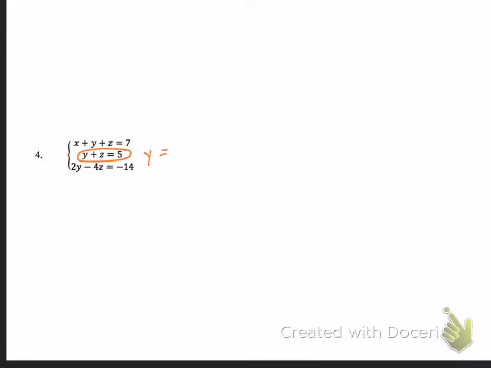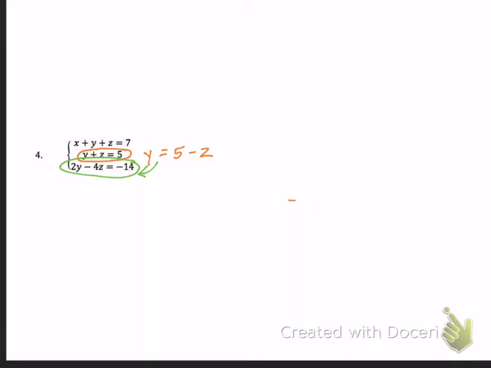So y equals 5 minus z, or negative z plus 5, either one. And so now I'm going to choose one of them to plug into in order to solve for my other variable. So I could take this equation and plug it into the bottom one for y. And then I'm only left with z's. Okay, and then I can solve for z.